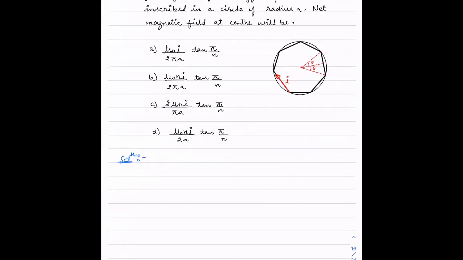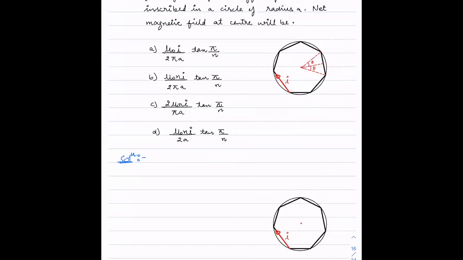Okay. So here, if you see this question, suppose the angle is not given. If the angle would not have been given, how would you have solved this problem? Theta by n, if it would not have been given. This is a regular polygon of n sides.